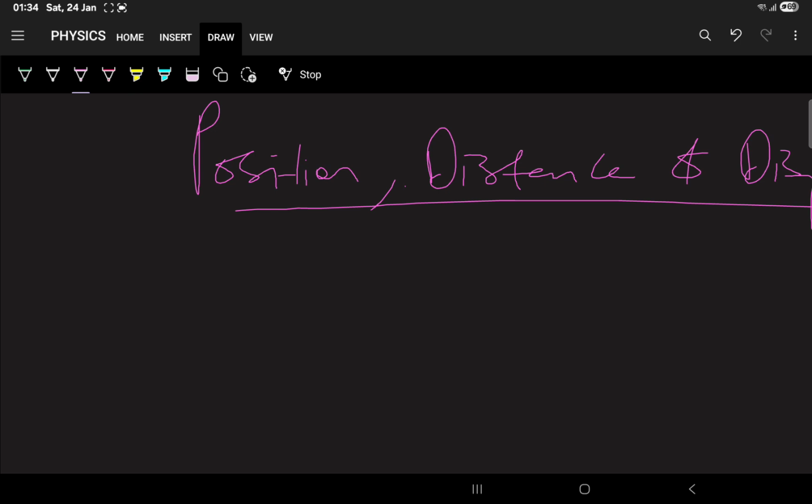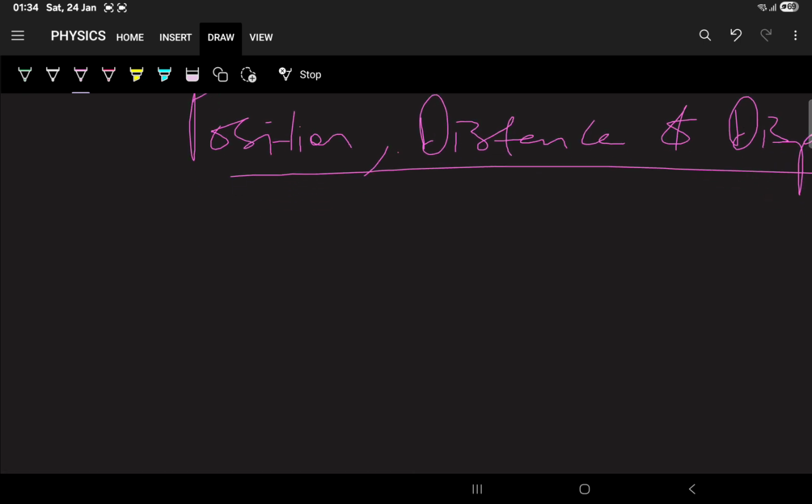Now, the position of a point in space is determined by its distance and direction from other points. Other points meaning a reference point or a reference frame, which you can call an origin.